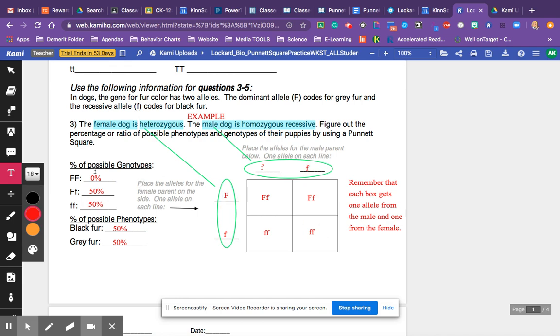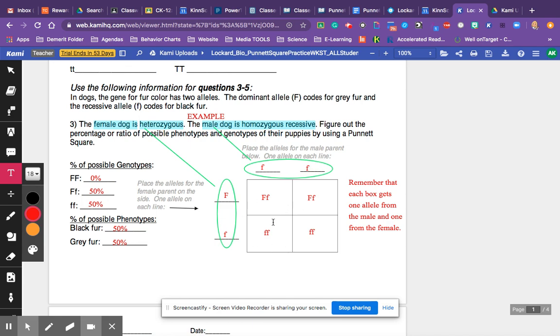So if we go over here, it says percentage of possible genotypes. Genotypes are the letters. So if we look over there, how many big F's do we have? How many homozygous dominants do we have? Okay, we have none. There are 0 big F's over here. So we're going to put 0%. Okay, next we have big F, little f. Okay, so heterozygous.